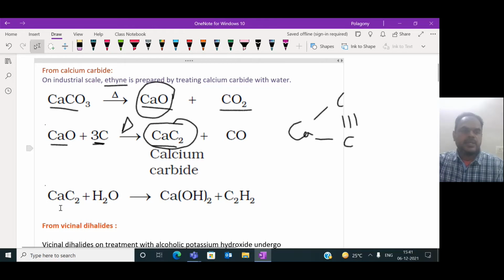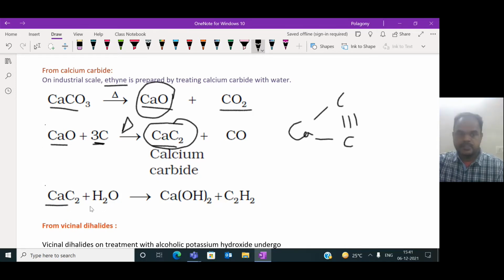When this calcium carbide is subjected to hydrolysis in water, we get calcium hydroxide and C2H2, ethyne gas. The first time this gas was prepared was by the scientist Berthelot, from calcium carbide reacting with water.